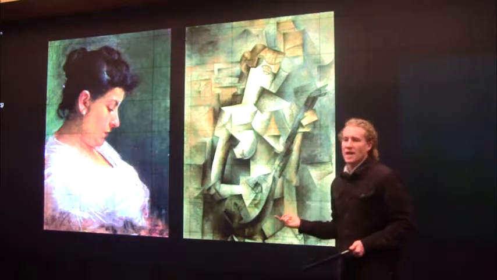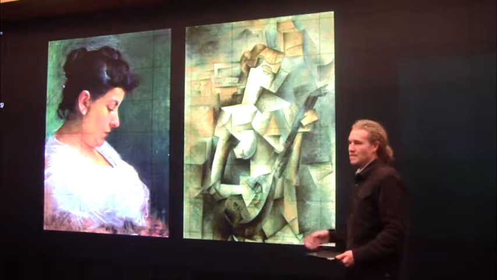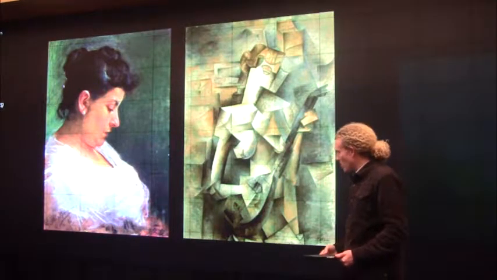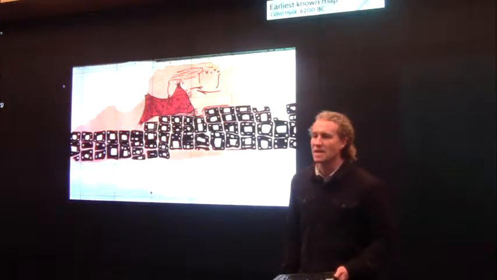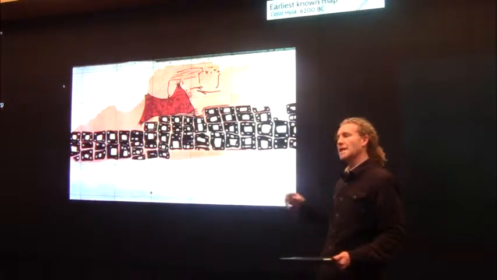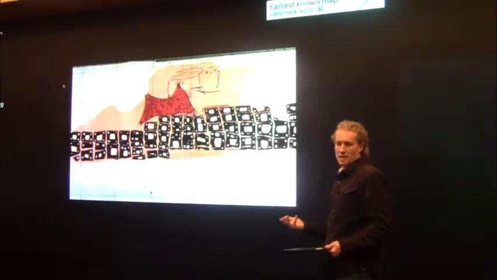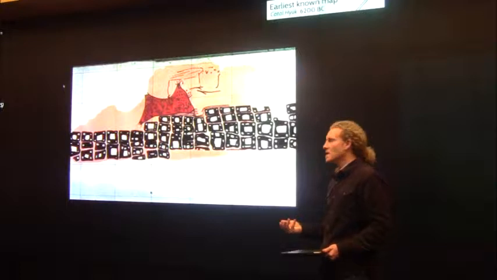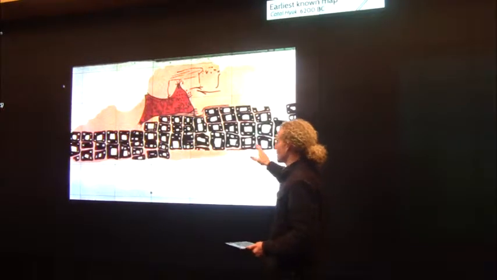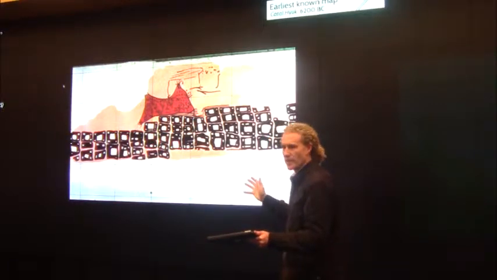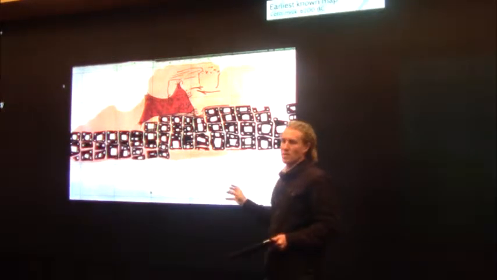Why is this relevant to data visualization? Well, this was the first time this happened in painting. But in 6,200 BC, we were already creating art that was representational, that was symbolic, that was abstracted. There's some debate about whether or not this is actually a map, but it's known as one of the earliest known maps.